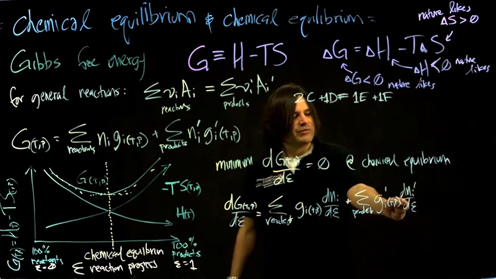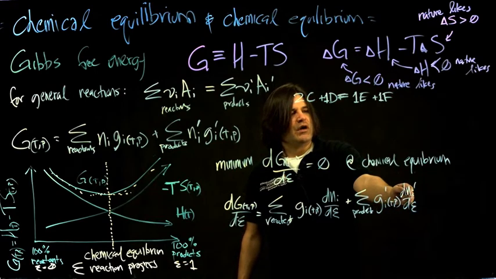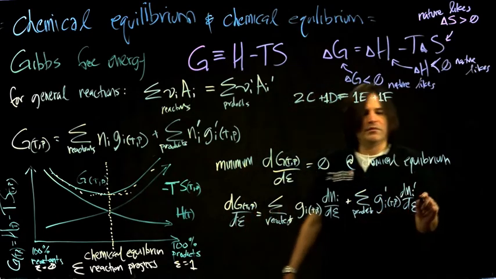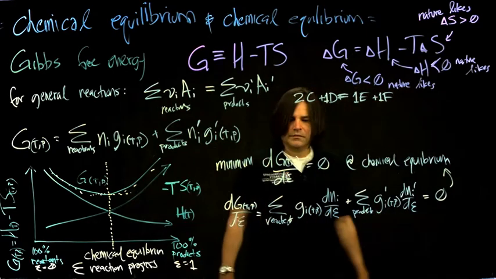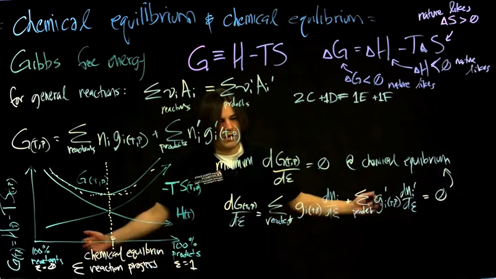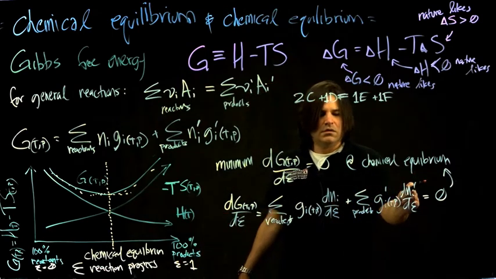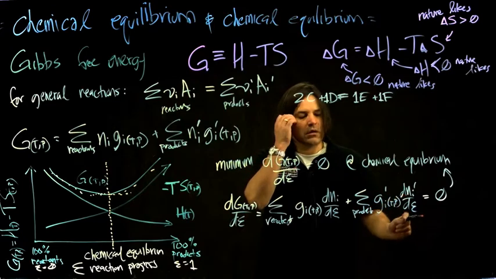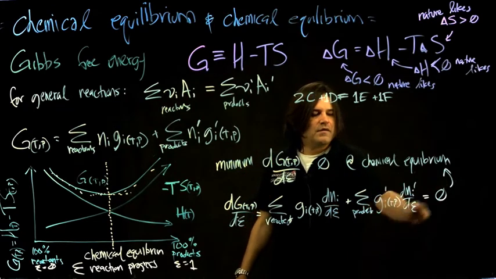As the reaction progresses, moves back or forward, the change in the products' concentrations or numbers is going to change as well. That's what this is saying. And then at equilibrium, this equals 0. So if this equals 0, then we can get rid of this, bring all of this over here.